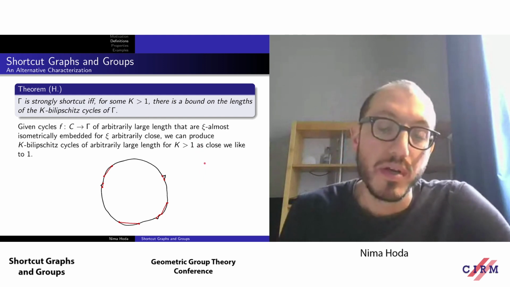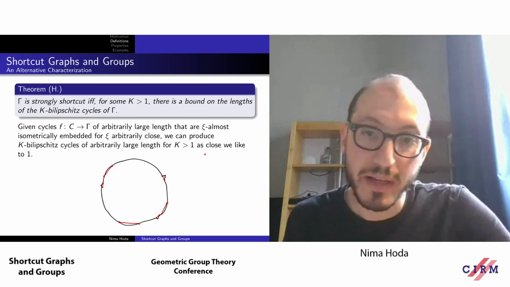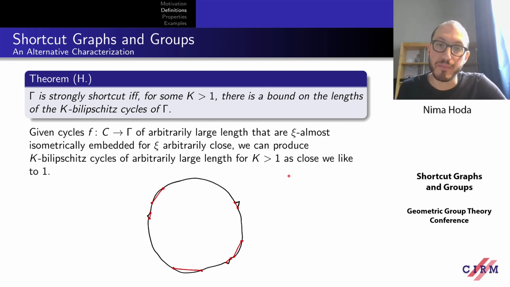You can also show that the sum of the lengths of the segments that you replaced was short relative to the length of the cycle, and so the k-bi-Lipschitz cycle that you end up with is at least a constant factor times the length of the original cycle. Using this, you can construct that family of cycles of arbitrarily large length that are k-bi-Lipschitz for arbitrarily good k.